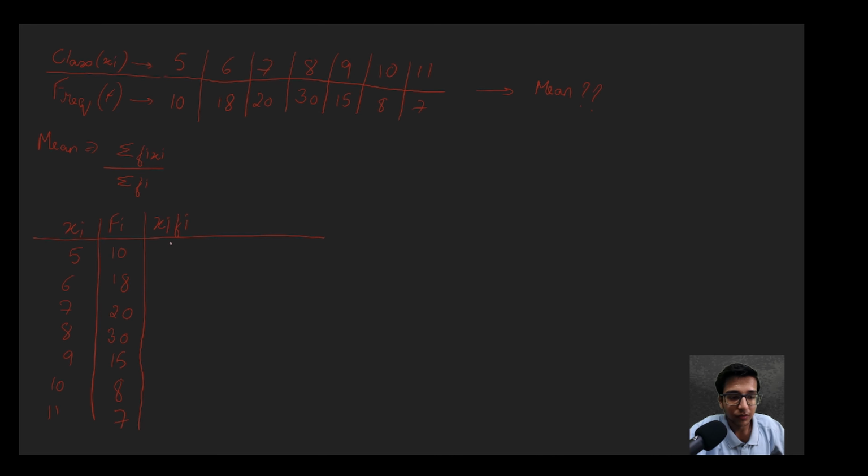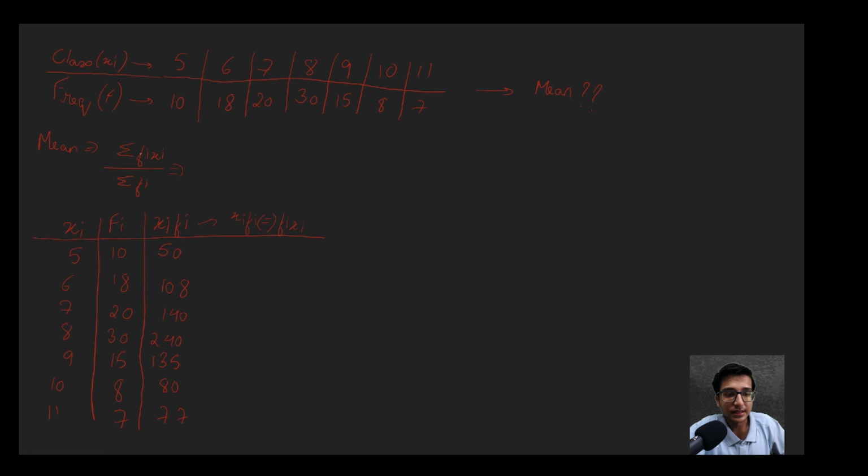So 5 into 10 you will get 50, 18 into 6 you would get 108, 20 into 7 you would get 140, 240, 135, 80 and 77. So now you've received all the values of xi fi. Again, this can also be written as fi xi, it doesn't matter since it is multiplication.